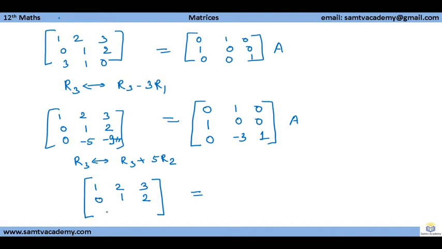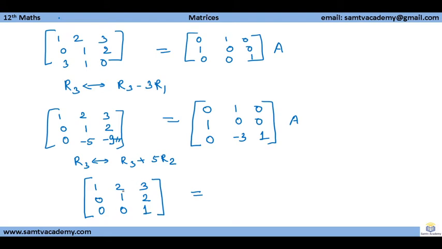So 0 plus 0 will be 0, and 0 minus 5 plus 5 will become 0, and minus 9 plus 10 will make it 1. So we see here that all diagonal elements are 1 and these 3 elements are also 0.